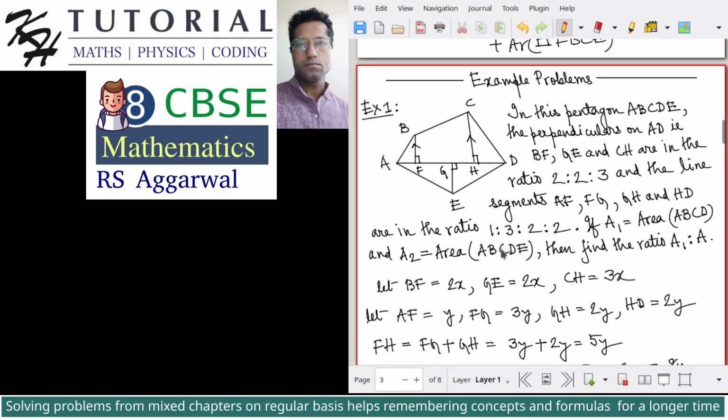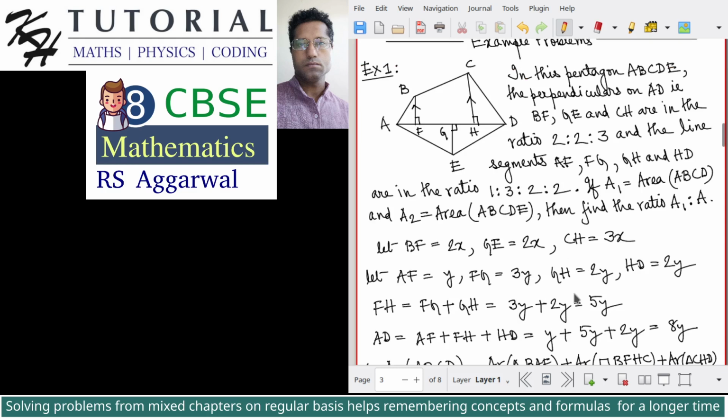So while I was framing the question, I might have done something wrong in giving the value of the ratio. Let me check once again if I am using the ratio properly or not. It is given BF, GE and CH 2:2:3.